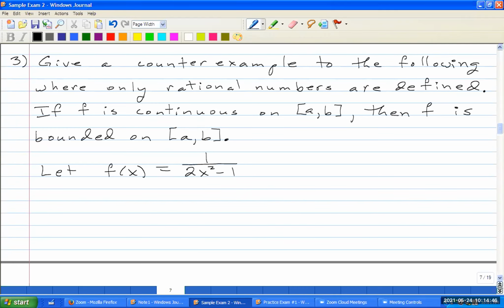Okay, so this is a rational function. And let's do this on, let's say, from 0 to 1, which is the intersection between 0, 1, so on all rational numbers between 0 and 1.